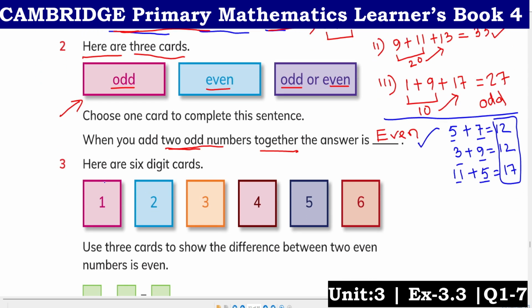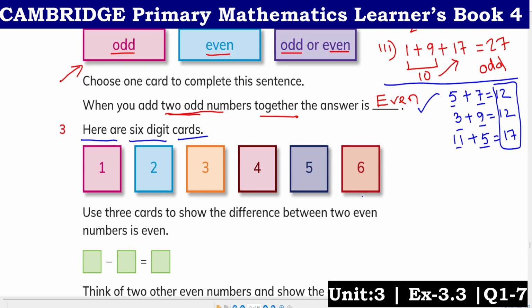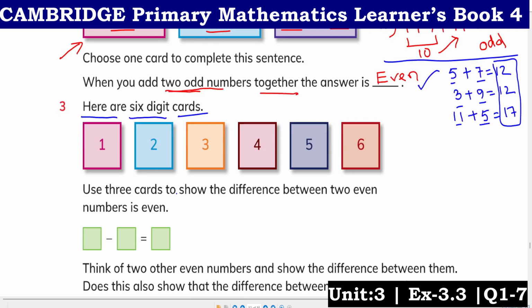Problem 3. Here are 6 digit cards: 1, 2, 3, 4, 5, 6. Use 3 cards to show the difference between 2 even numbers is even.